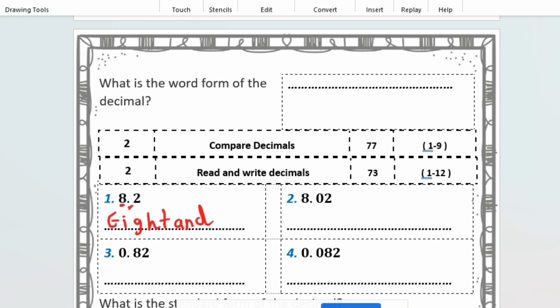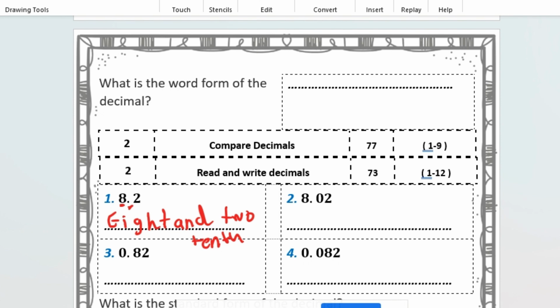Here, if we have one number, it's called tenth. If we have two numbers, it's hundredth. If we have three numbers, it's thousandth, and so forth. Okay. So here we have two tenth.